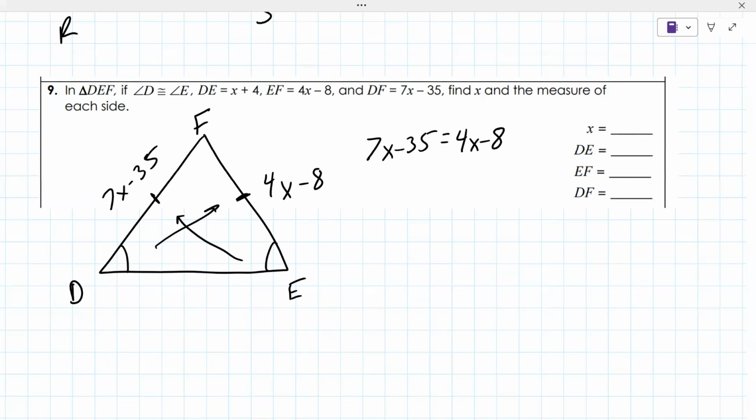Okay, so X is 9. Yes. And then since these two, B to F and D to E, are the same, you could choose to try it in one or the other, but they should be the same when you put that in.